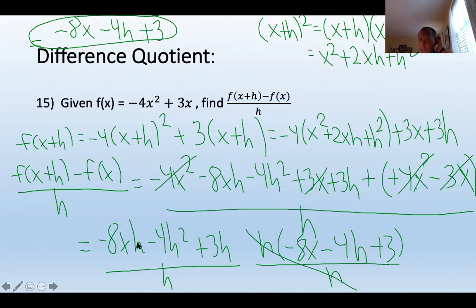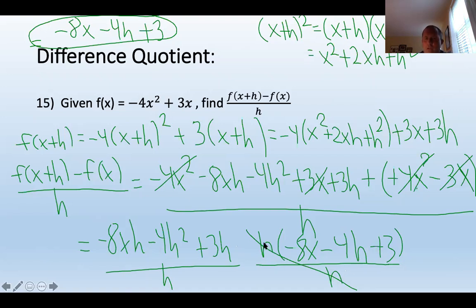Now, since there's an h that's common in every term, we can factor out the h on the numerator. And when we do that, the h factors out and you're left with -8x minus 4h plus 3 in the parentheses. And this is all over h.